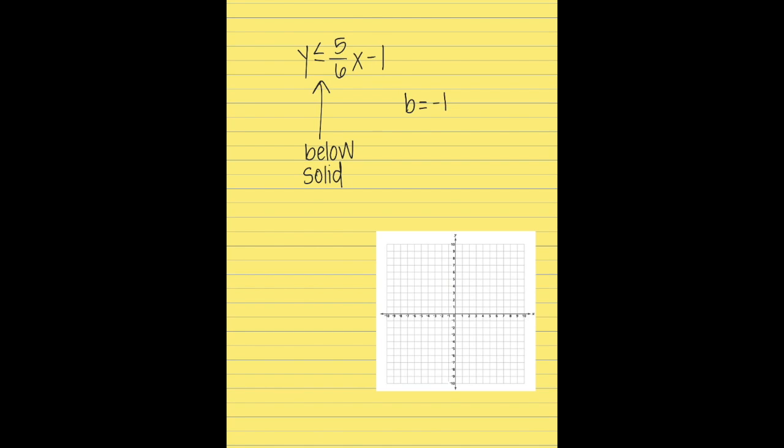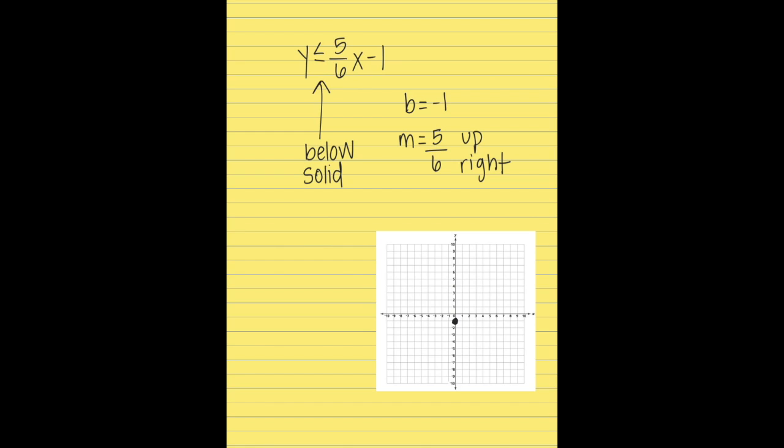So we're going to plot our y-intercept at -1. And then what are we going to do? Then you're going to find the slope. Okay, so what is my slope? 5/6. And what is 5/6 telling me to do? All right, so up 5, right 6, because they're both positive.